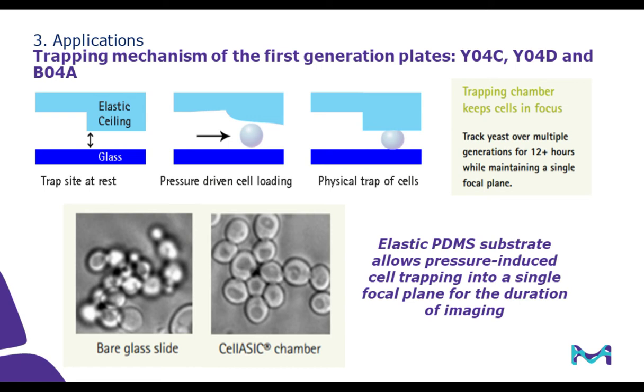There are 3-tier ceilings on Y4C, ranging from 3.5, 4.5 to 5 micron. Y4D ceilings are taller, ranging from 5, 6 to 7 micron for diploid cells. B4A ceiling heights range from 0.7, 0.9, 1.1, 1.2 micron.